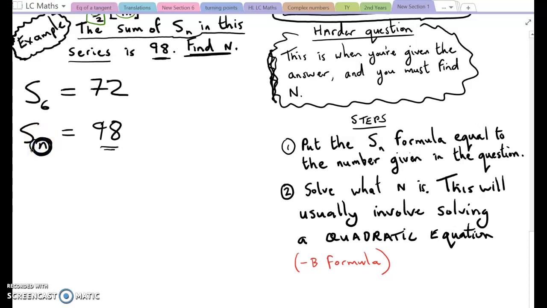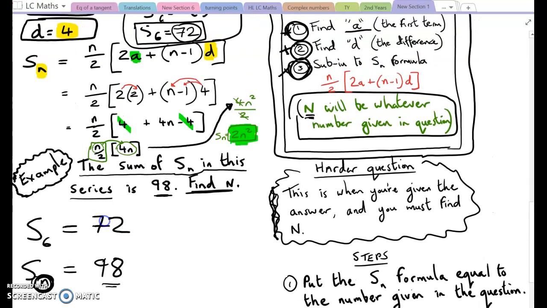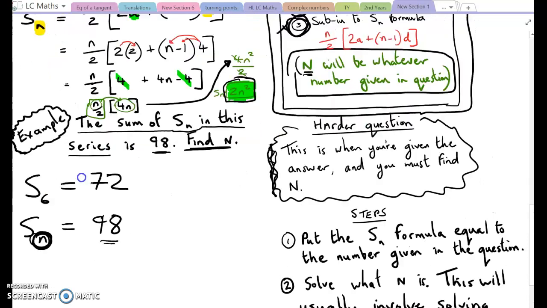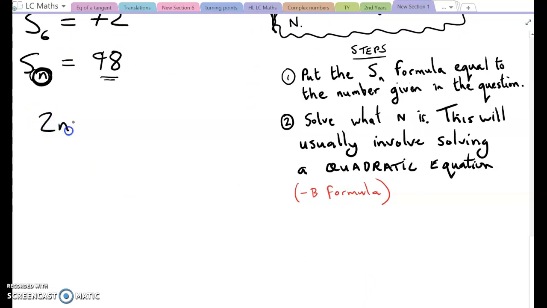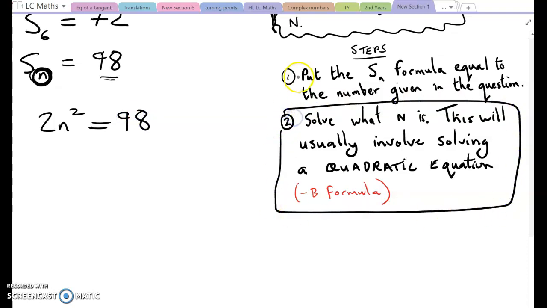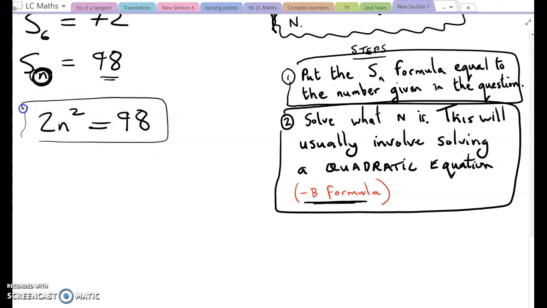What is n? Well, we found the SN formula. It's 2n squared. So we put 2n squared equal to the answer that's given in the question. We put the SN formula equal to the number given in the question. And now we solve what n is. This will usually involve solving a quadratic equation, maybe the minus b formula, or something just straightforward like this, where you want to get n on its own.